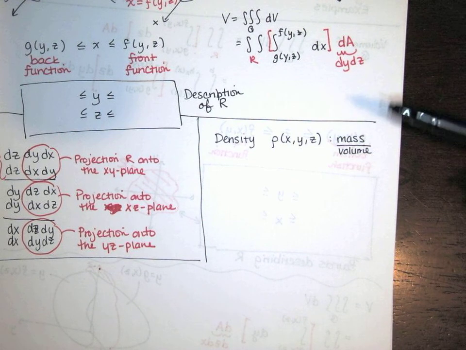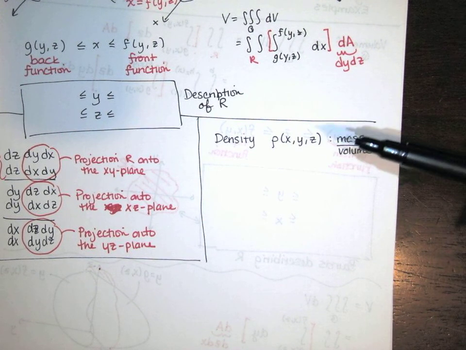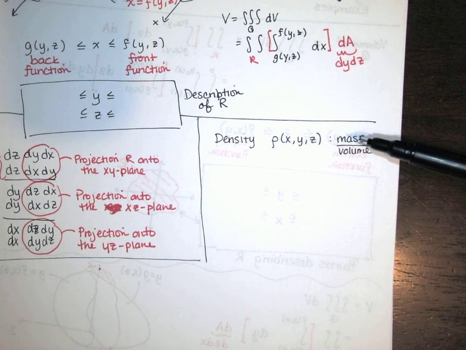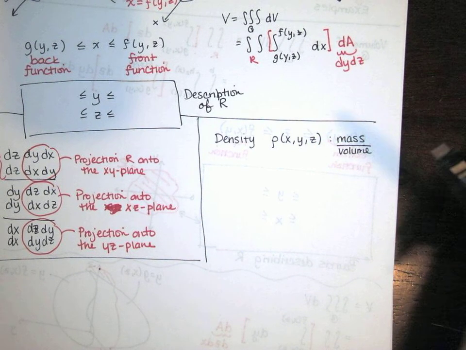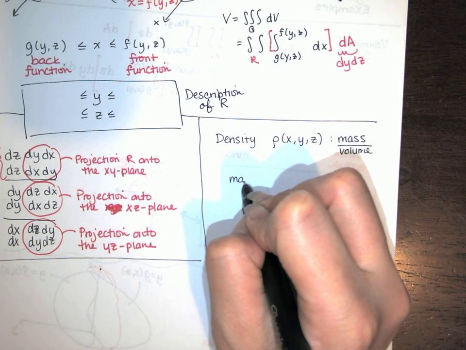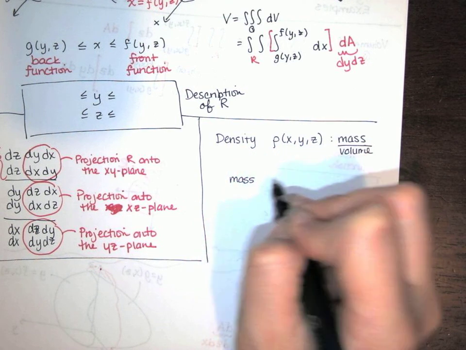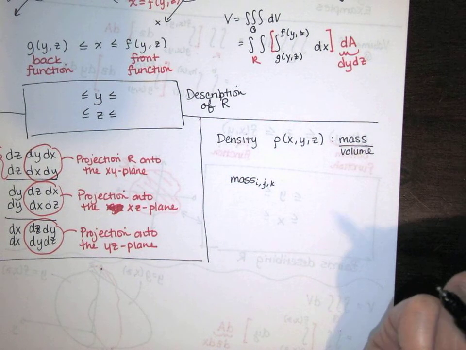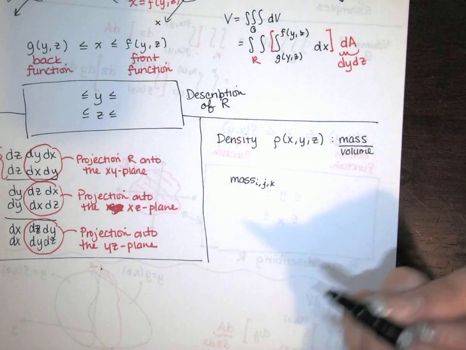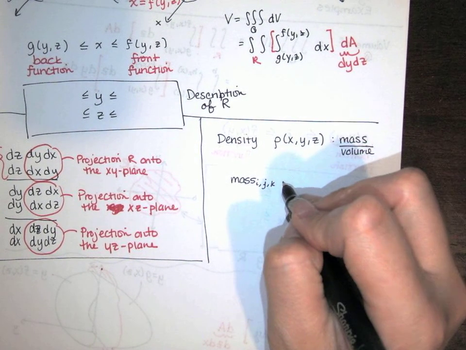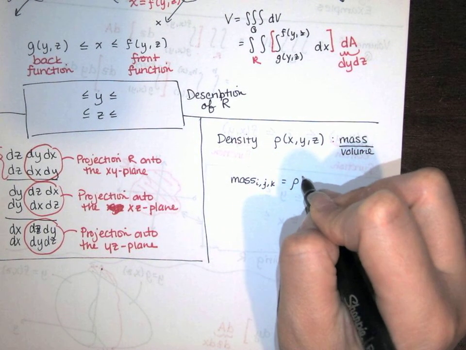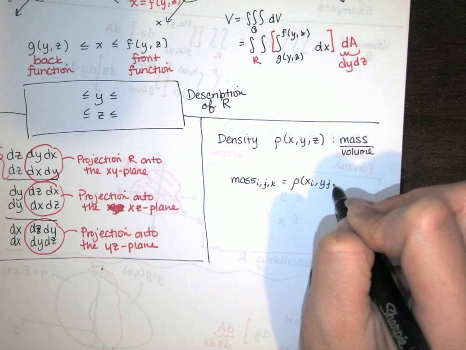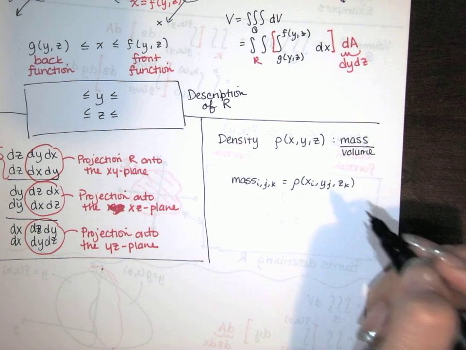If I want the mass of this, well, I would break my solid region Q into a bunch of little cubes, and to find the mass of that one little cube, let's say we're looking at the ith, jth, kth cube, in the ith subdivision in the x direction, jth subdivision in the y direction, kth subdivision in the z direction, then mass is going to be the density at x sub i, y sub j, z sub k.